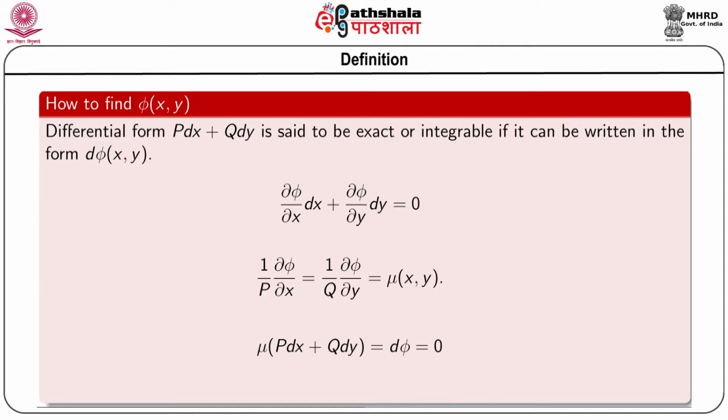which is a function of x and y, and this function mu is called an integrating factor of the differential equation. So, to make the equation integrable, we need to multiply P dx + Q dy with a factor mu(x,y), so that the expression mu(P dx + Q dy) equals an exact differential d(phi).